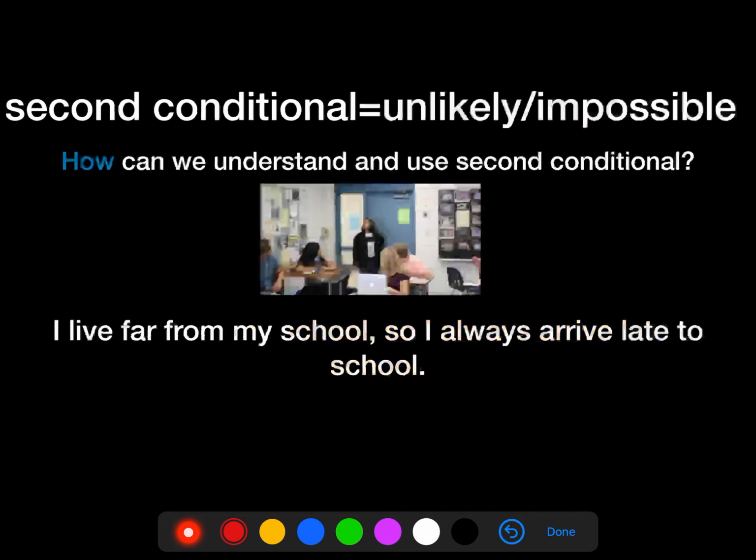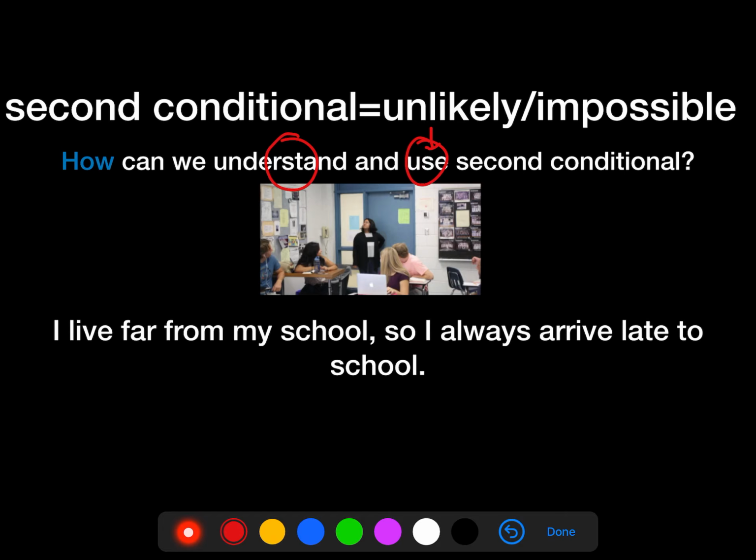But I still don't understand, teacher. So, one more time, we use second conditional for the future situation which is unlikely or impossible. Okay. Then how can we understand and use second conditional?